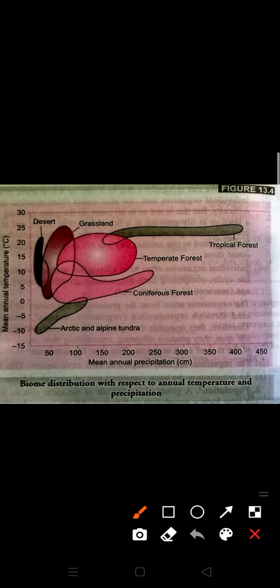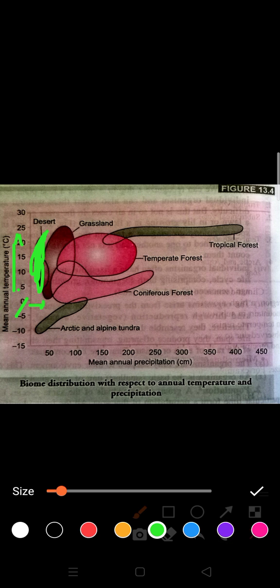Now come to the next point. One by one I am explaining this. This is the black region. Can you see this small one? Desert. In desert, the temperature is very high but rain is very less. Can you observe this? So it proves that desert is also one kind of biome. The next one, just next to it, is grassland.